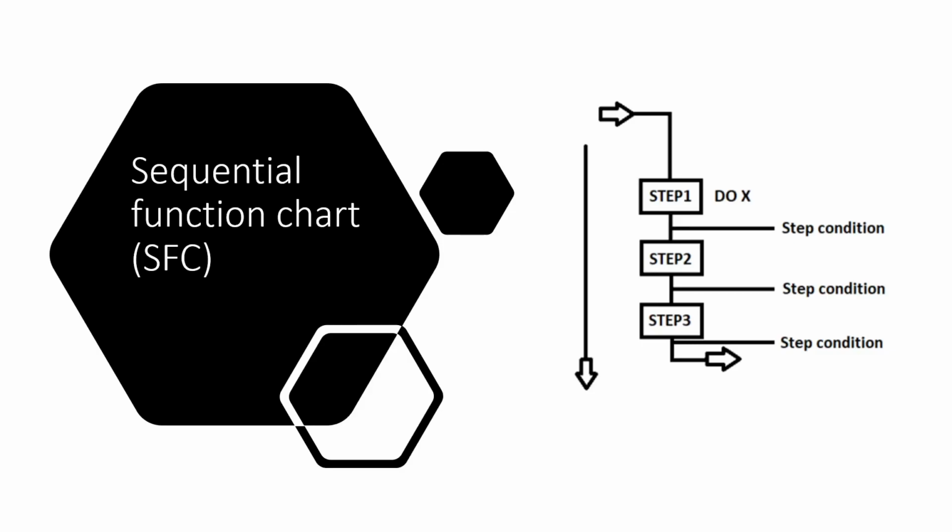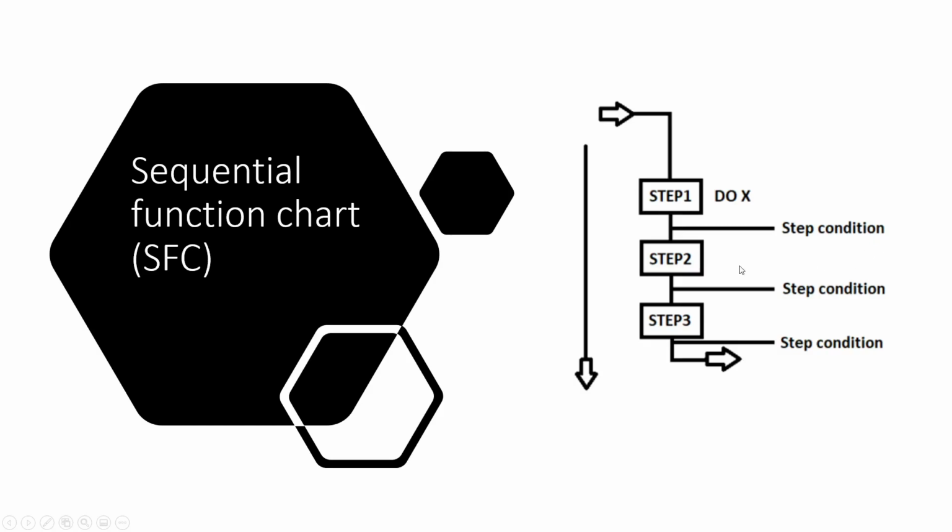Then we have sequential function chart, SFC. It works like this. So we have a first step, do something. So let's say we have like make a cup of water. Then when it has finished making the cup of water, it checks the step condition. So we could have like, if we have 1 cup of water, continue to step 2.